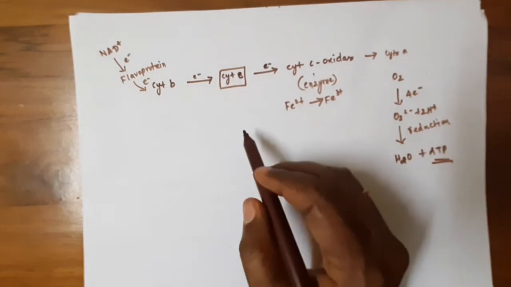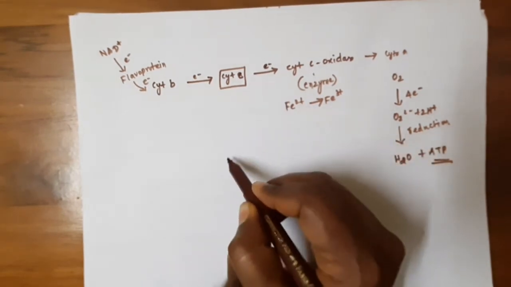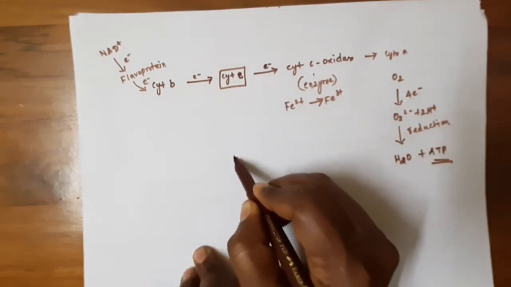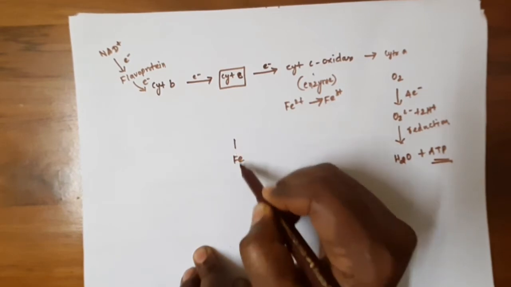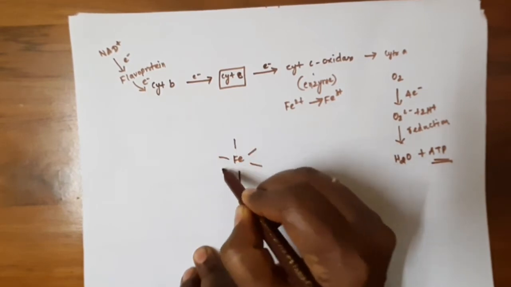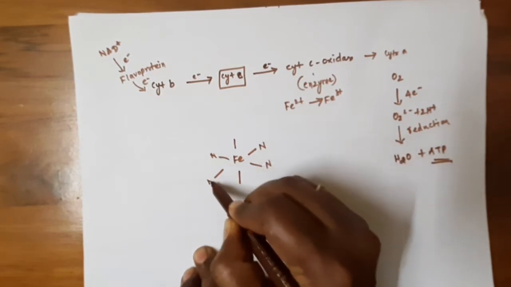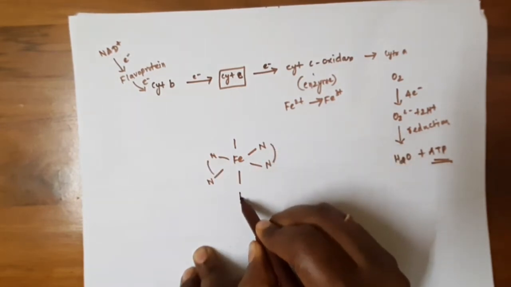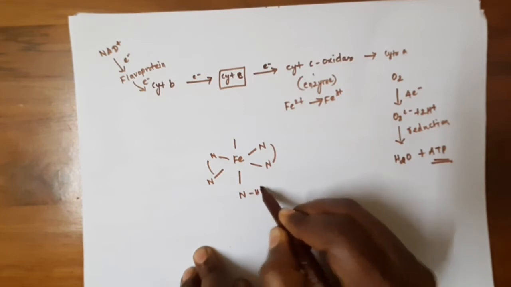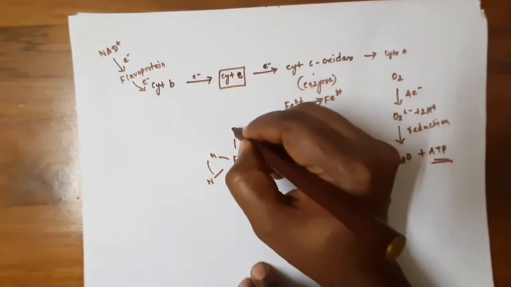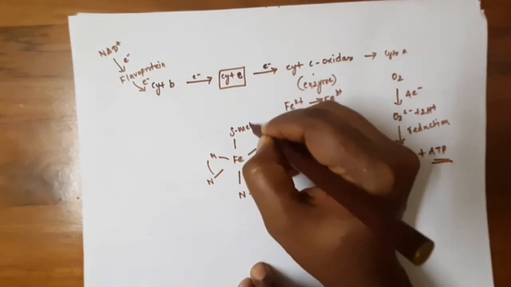So during this reaction, the electron transport chain, as we know, the Fe is in a pairing where the fifth site is occupied by the histidine, and the sixth site is sulfur of methionine.